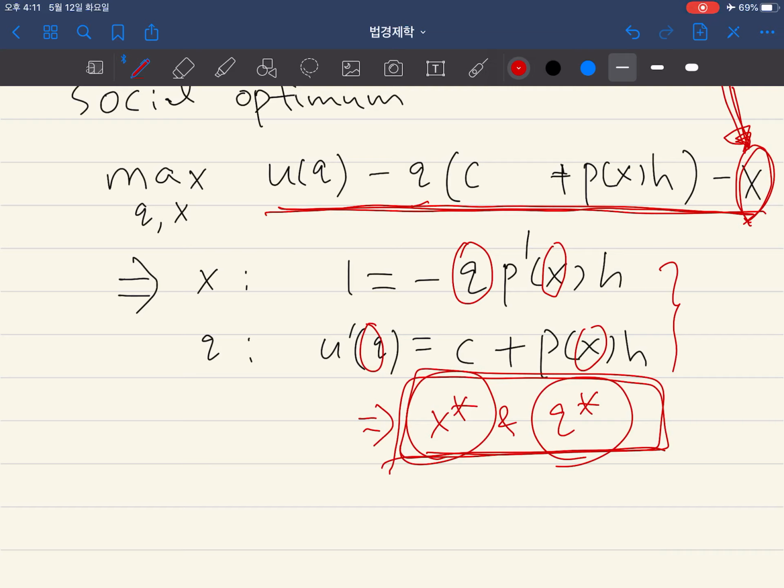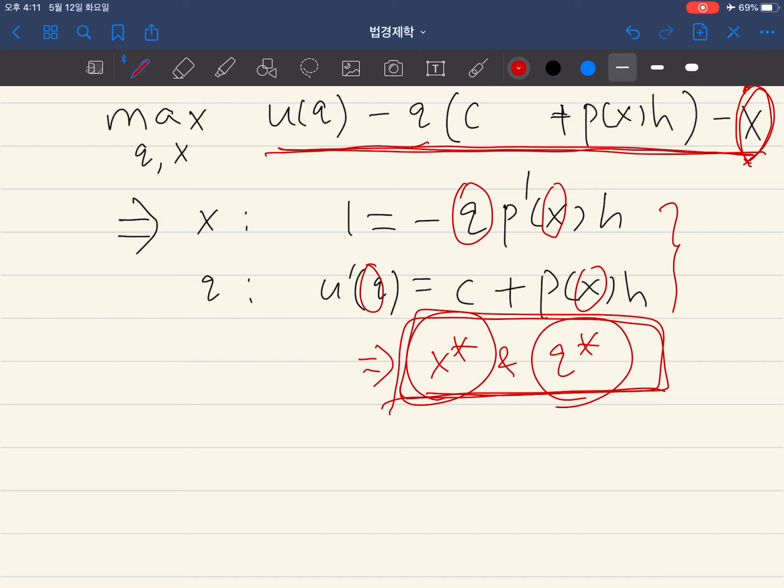So they are interdependent with each other, and this is the source of difficulty and complexity in this model. So when care cost enters as a fixed cost to the model, it becomes quite complex because of this interdependency between quantity and quality. So when care cost is a fixed cost, now we want to get X star and Q star that satisfy these two equations. So this is our target now.